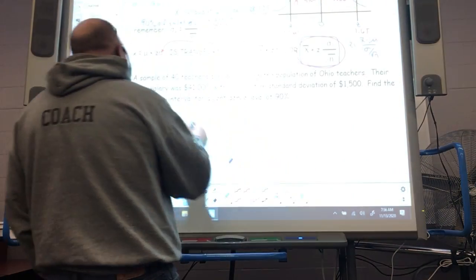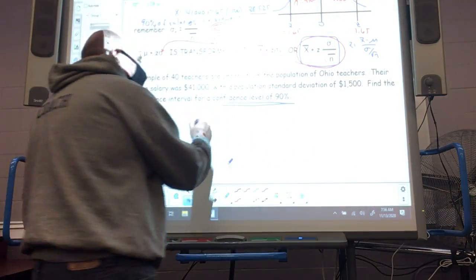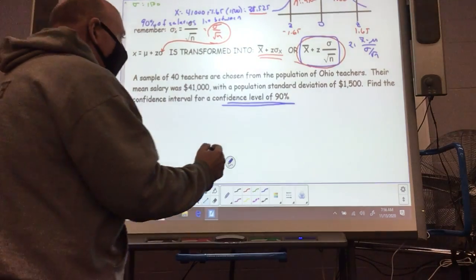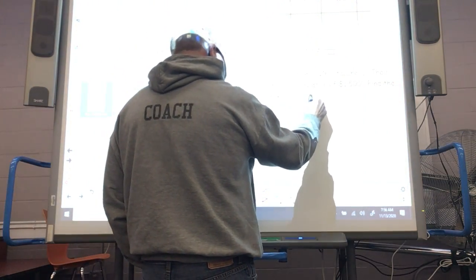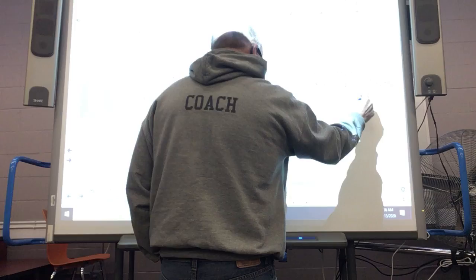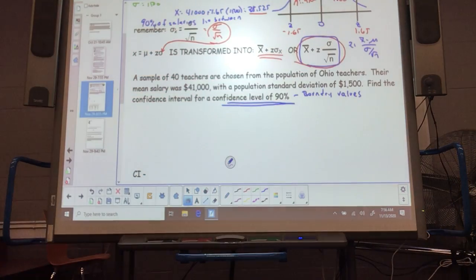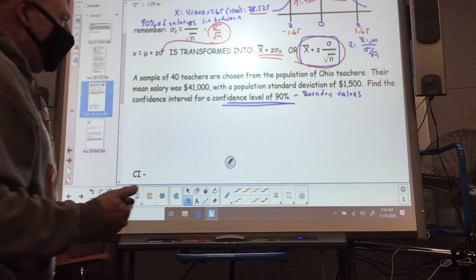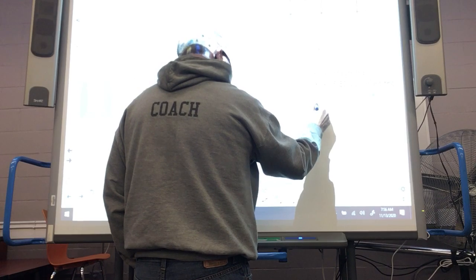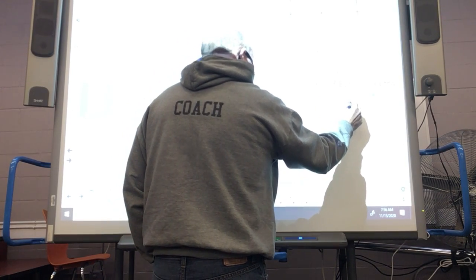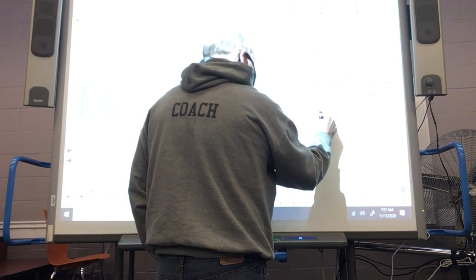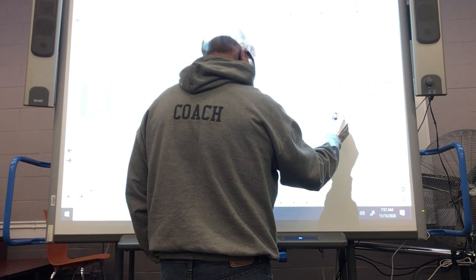When I say a confidence interval for a confidence level of 90%, what we are trying to determine is boundary values. We're trying to find boundary values that will encompass 90% of the salaries, or of the means.